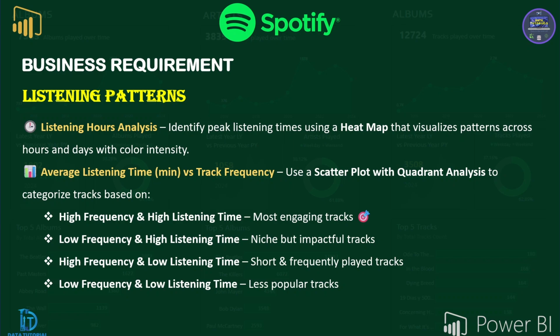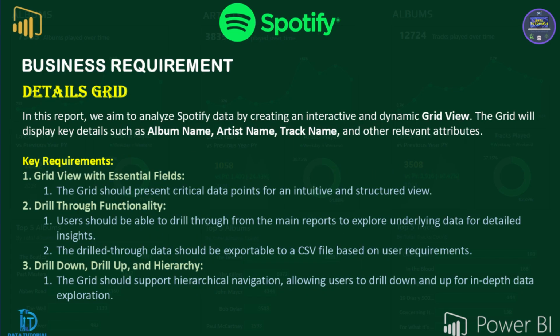And the third one which we are going to do is analyze the details grid, where we will be using drill up, drill through, drill down, and also a hierarchical way of drilling this data.